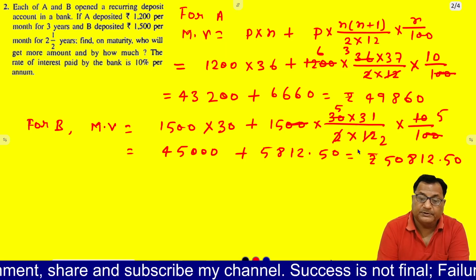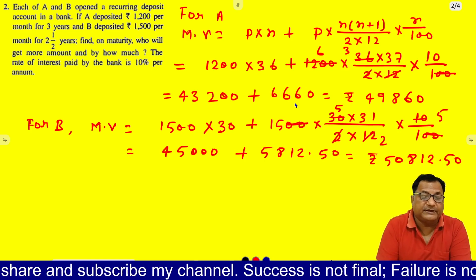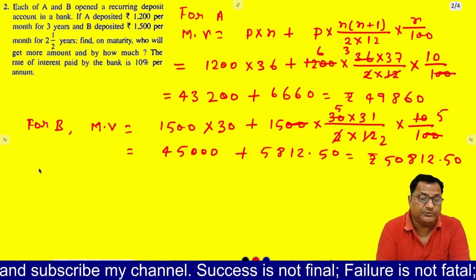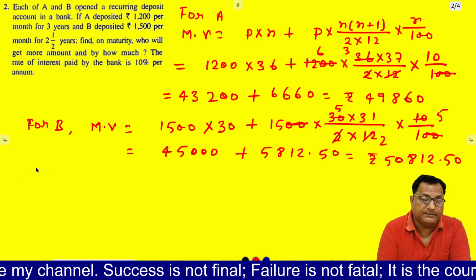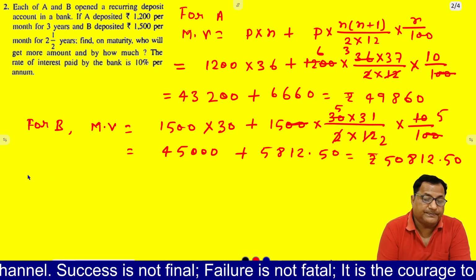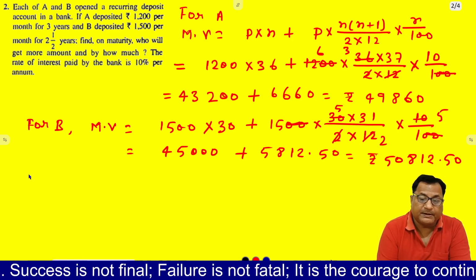5812.50. So we see that the maturity value of B is more, and by how much?